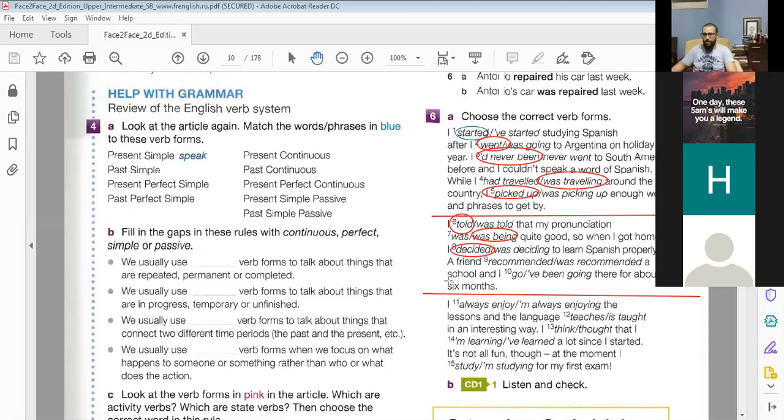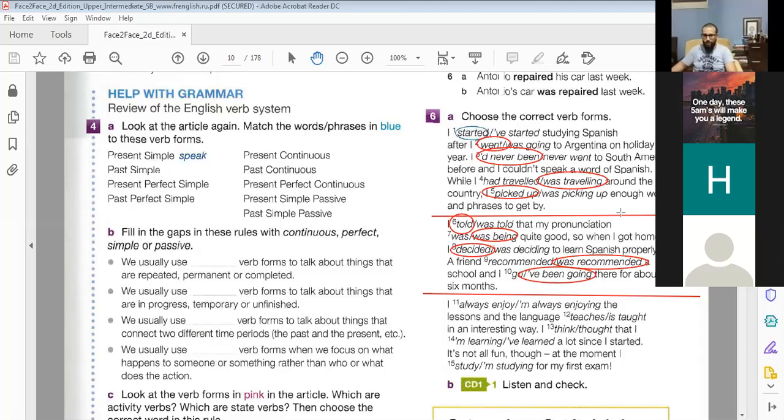A friend recommended a friend was recommended a school, and I've been going there for about 6 months. Okay.